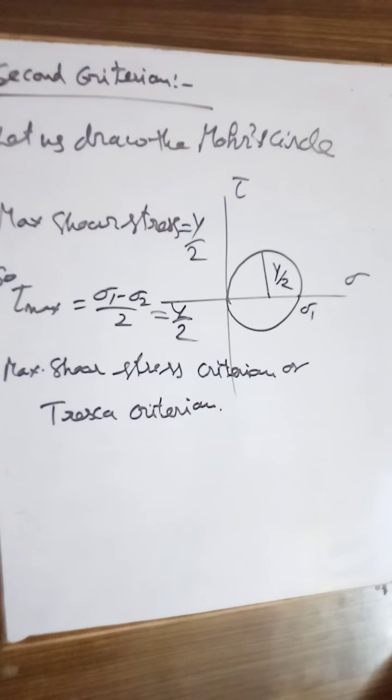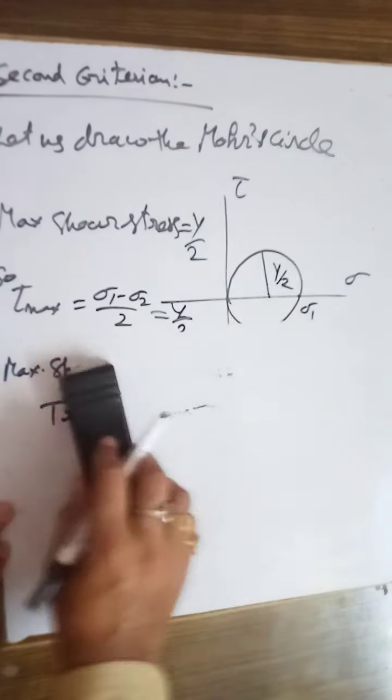Okay, this can be represented by the hexagon. A hexagon will represent the Tresca criteria. So for the plane stress, the boundaries of the yielding or Tresca can be understood here.